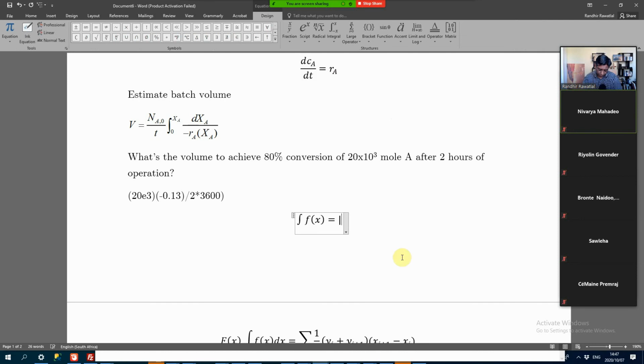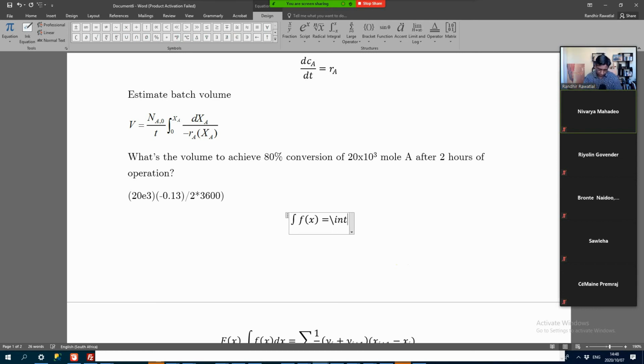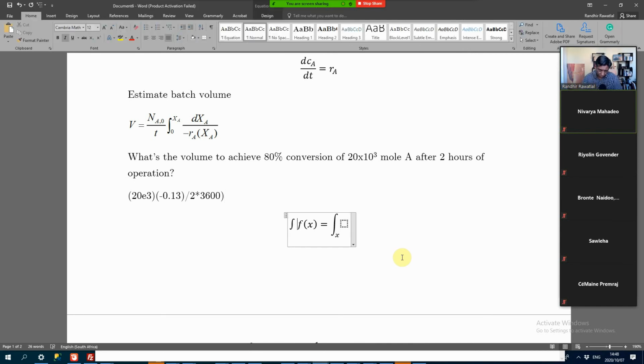integral, and here let's say we are going from 0 to 0.8.